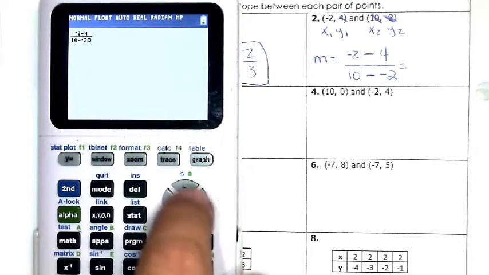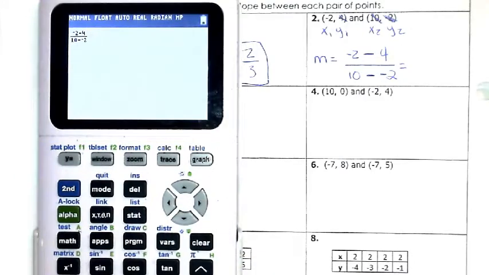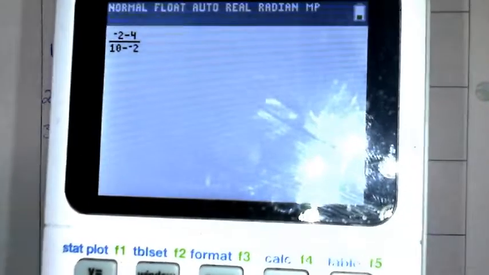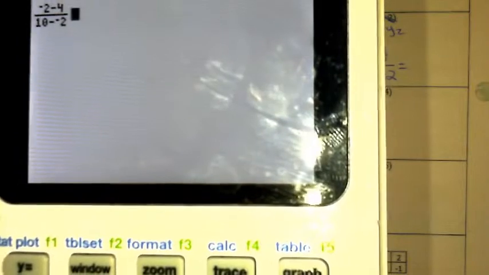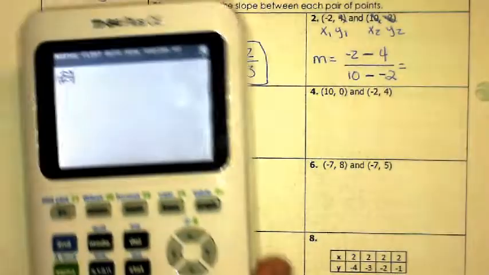See that? I just wrote what I put. Now from here, I hit enter. What do I get? -1/2.